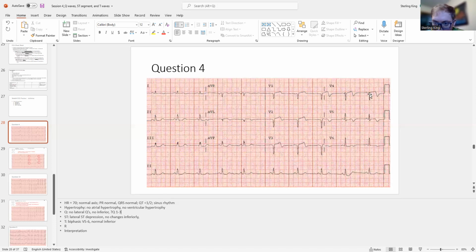It's maybe a box, but you have to look at where it changes direction. So it's going straight and it changed direction there. So it's actually not really that much different. Here it's straight and not much change. Straight here, 1 box below, maybe 1 or 2 boxes beneath. So I'd say ST elevation V1 through 3, maybe depression V5, 6.